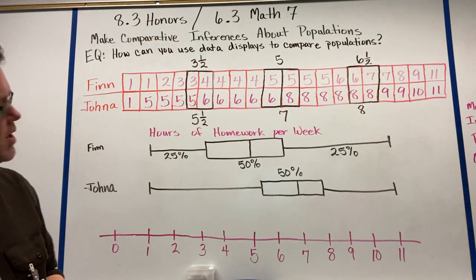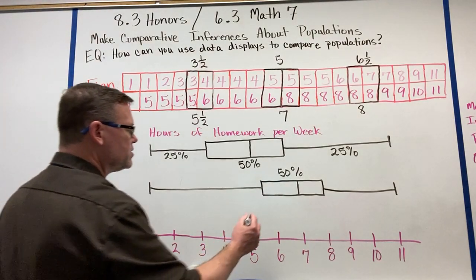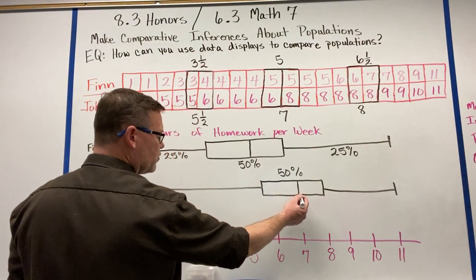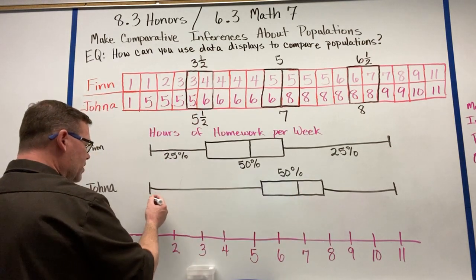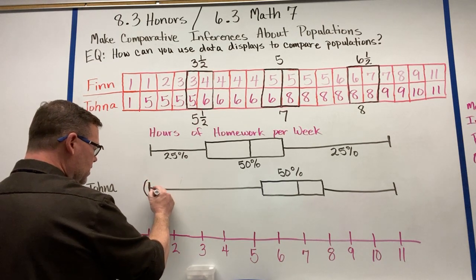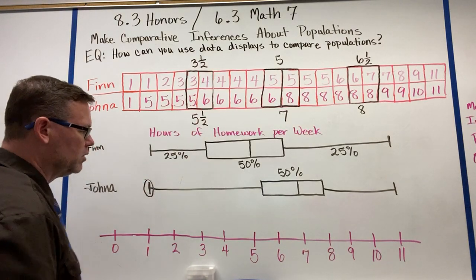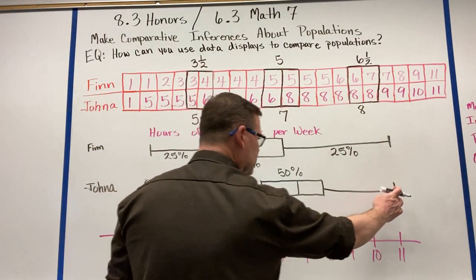The outlier is the number that is furthest from the median. Since this median's at 7 and the first person only spends an hour, this right here is definitely my outlier, because 1 is further away from 7 than 11 is.